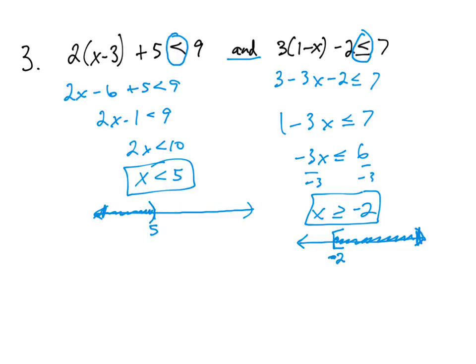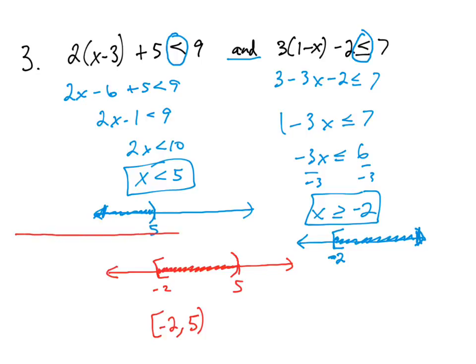So if we combine these into a single inequality, we would say negative 2 to 5, bracket on negative 2, parenthesis on 5, and we're going to shade right in the middle here. And then in interval notation, it follows directly from this. So there's the solution in interval notation.